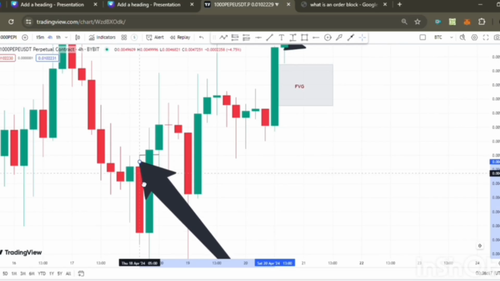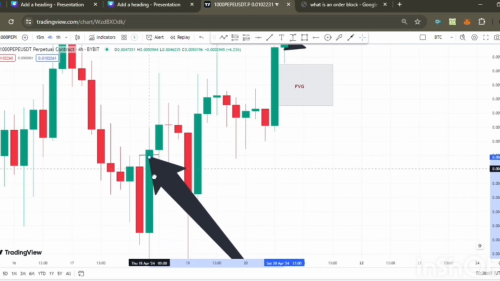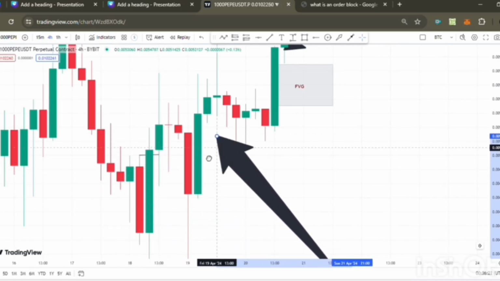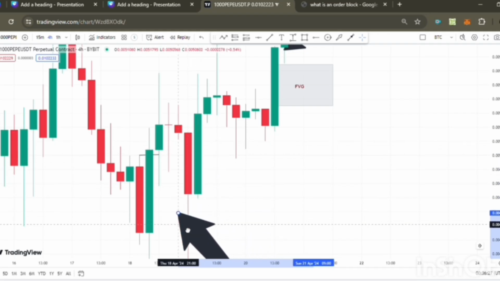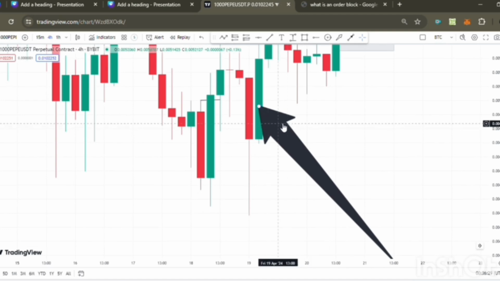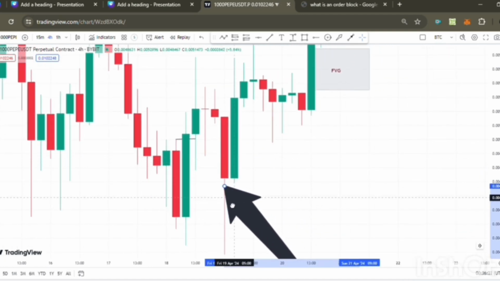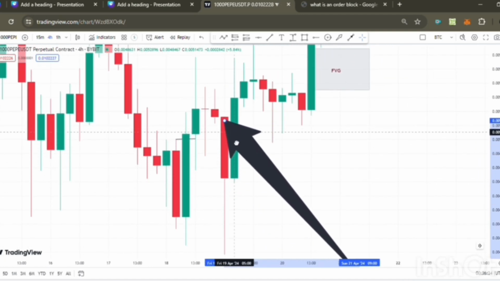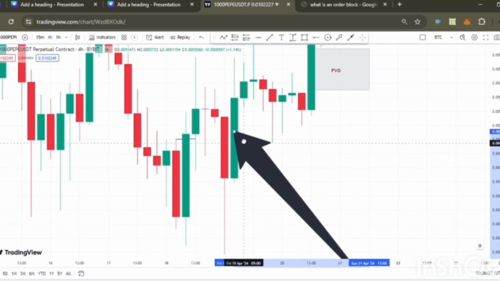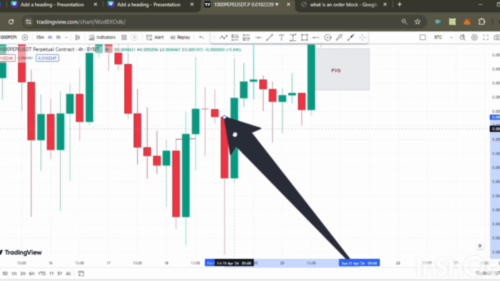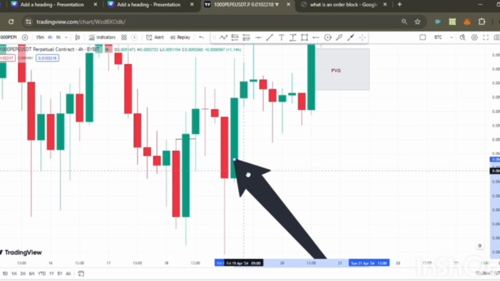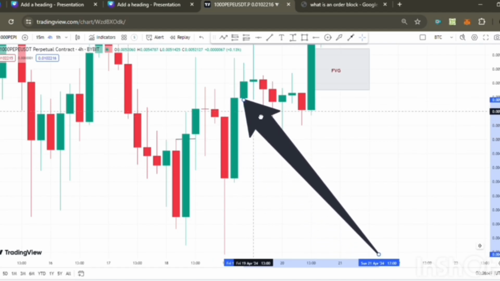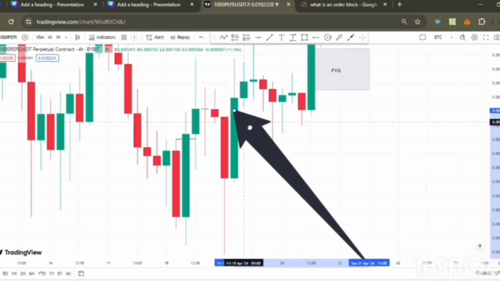So if you see any gap between these three candles, just like this one here, this is the bearish candle, which is a long hammer here. If you see any candle like this, and the lower wick of the third candle after the middle one does not completely cover the middle one, we can now say that it is an order block.